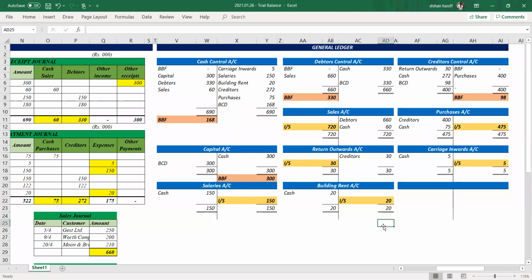Right? So this is how you prepare the general ledger accounts, the control accounts. From the prime entry books, we transfer using the double entry principle to the general ledger accounts, the T accounts.